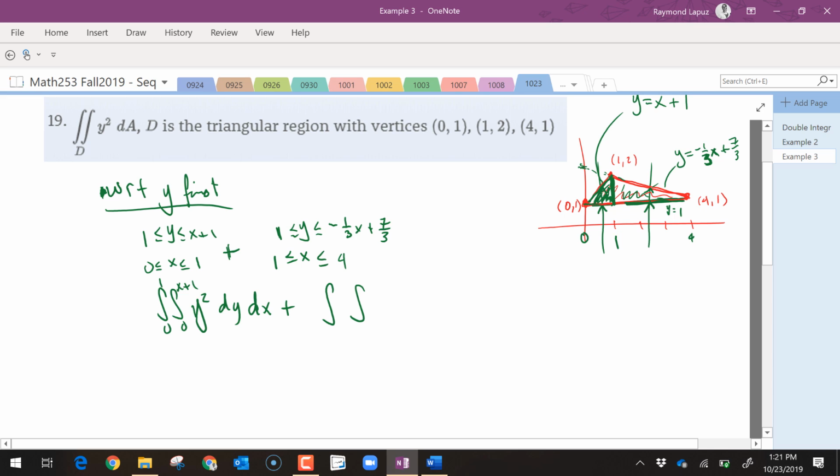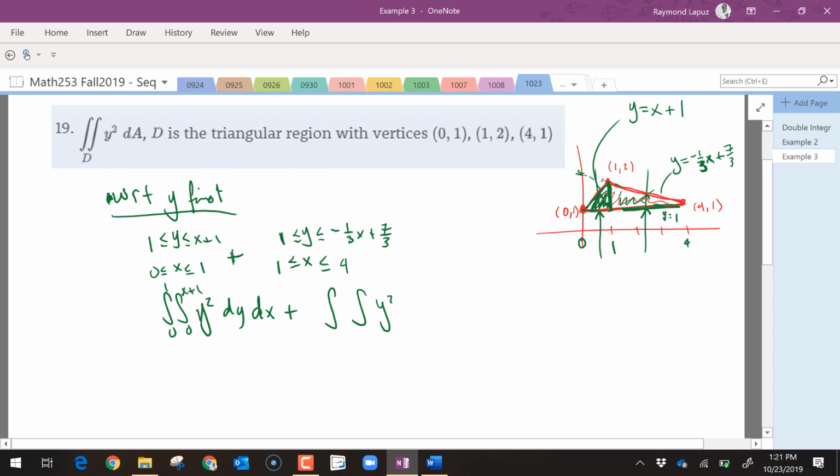And then you'll have another integral of y squared dy, this one goes from 0 to negative 1/3 x plus 7/3, and your x goes from 1 to 4. Okay, so that's manageable. It's doable.